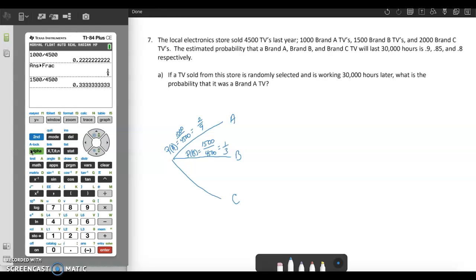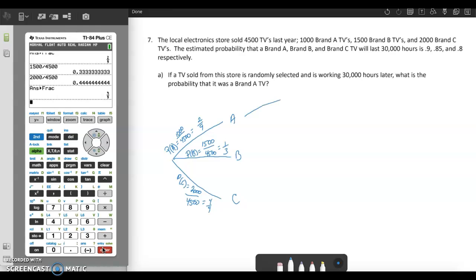And the probability of it being a C TV is 2,000 out of 4,500. That's 0.4 repeating forever, which is 4/9. Those are all my first branch probabilities.